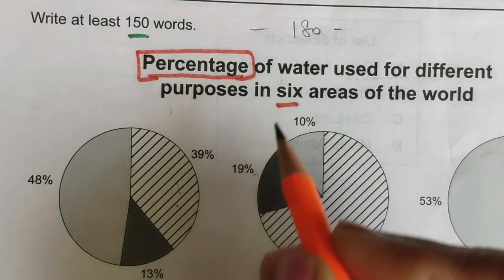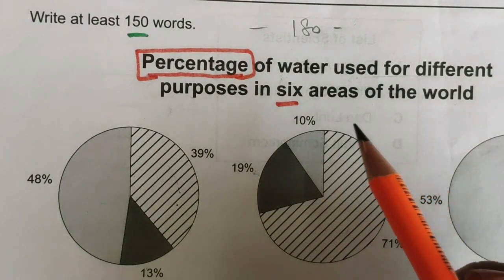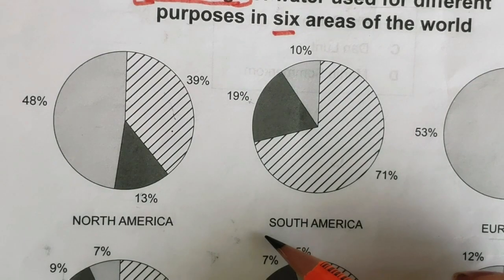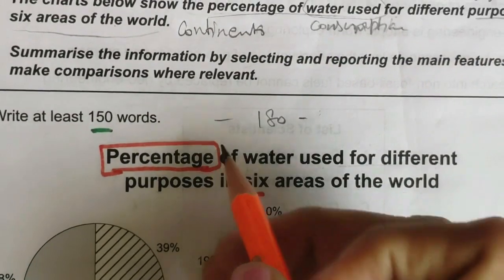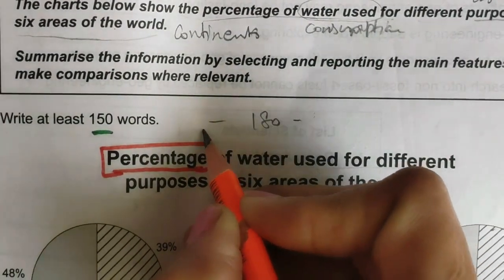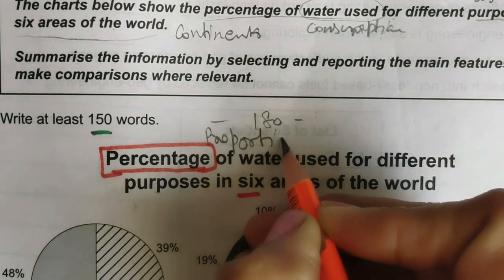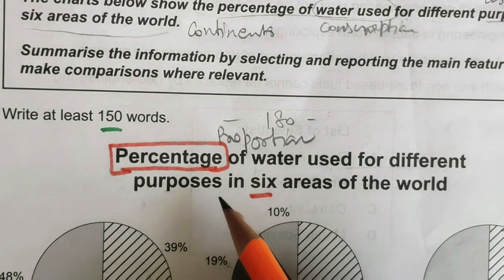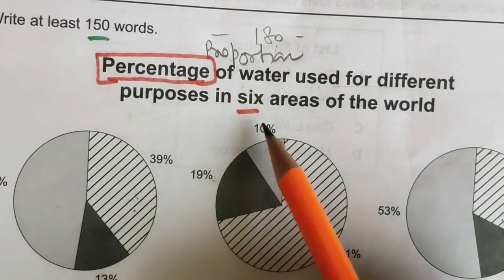Otherwise examiners won't read it, because it will feel boring to read such a long writing task 1 report. Here, percentage we will write as proportion. You should learn vocabulary especially for pie charts, for attempting these questions. Used for, this is the thing they are talking about.